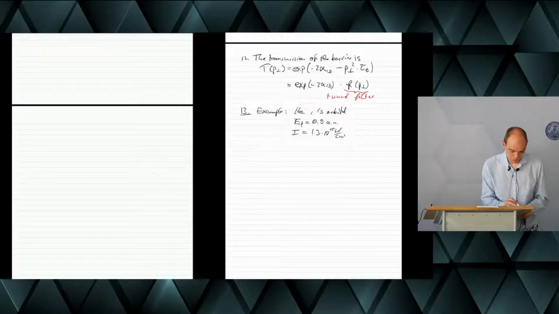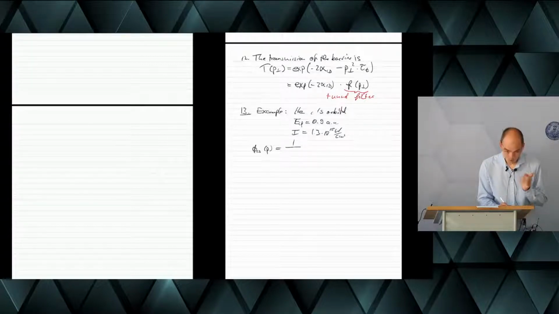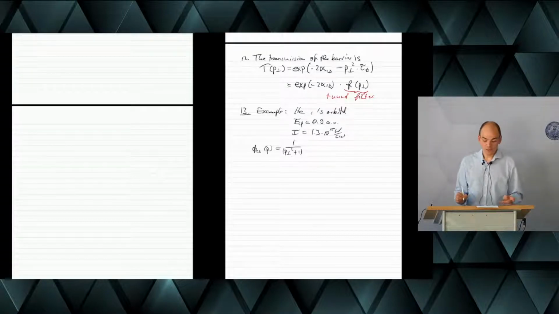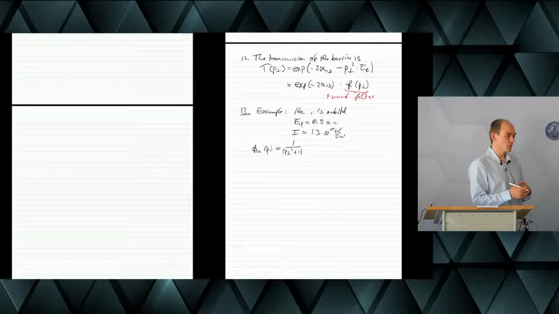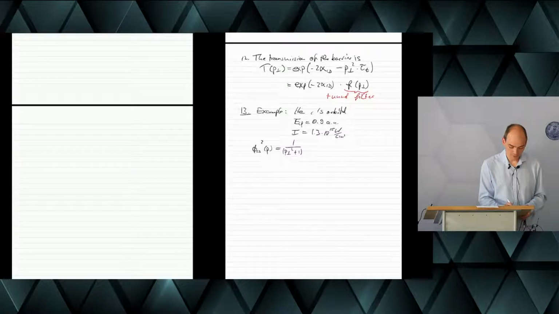I have to rewrite this. We use the expression that I gave earlier on, and this is here. So this is the momentum wave function, and now what we measure is the probability distribution, so we actually have to square this.